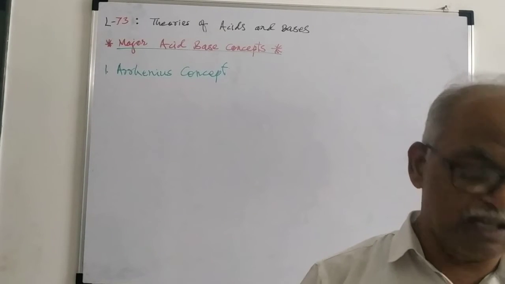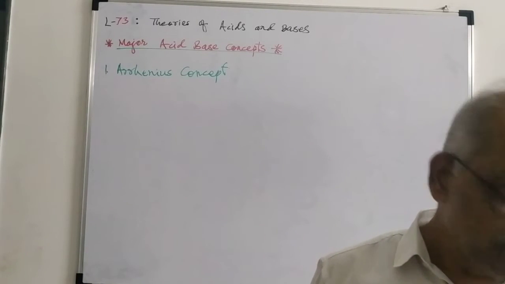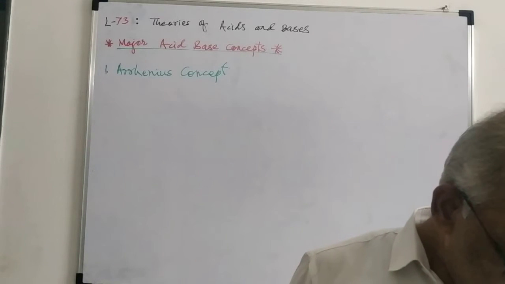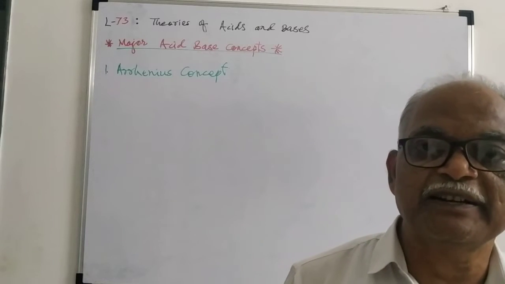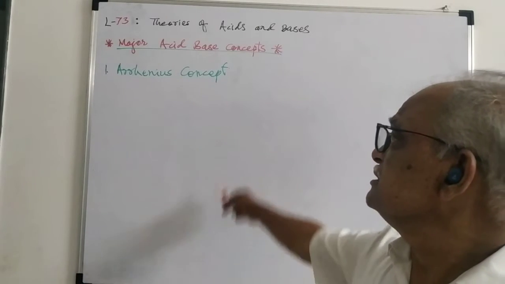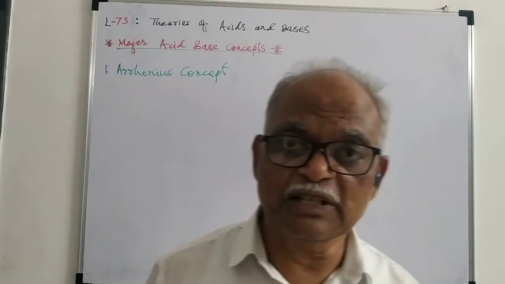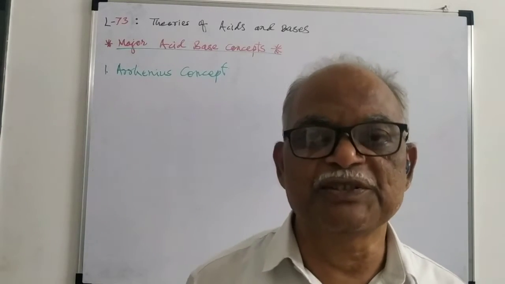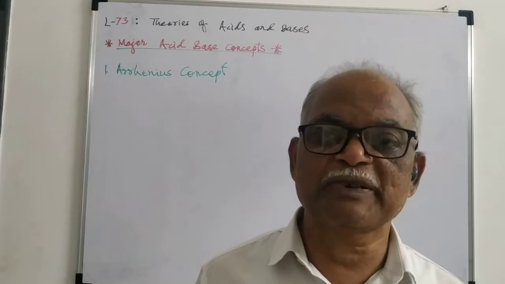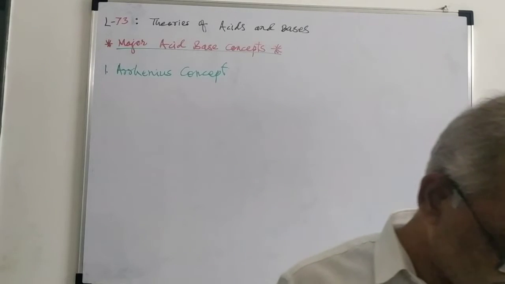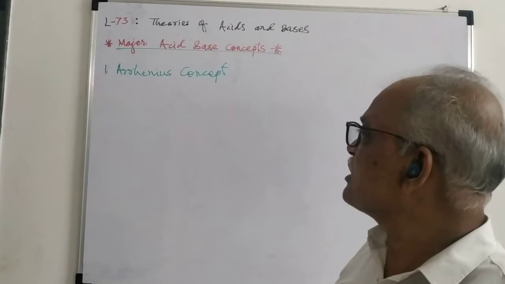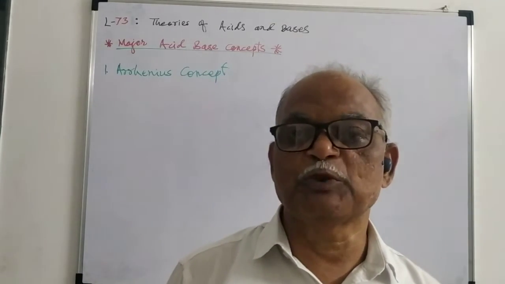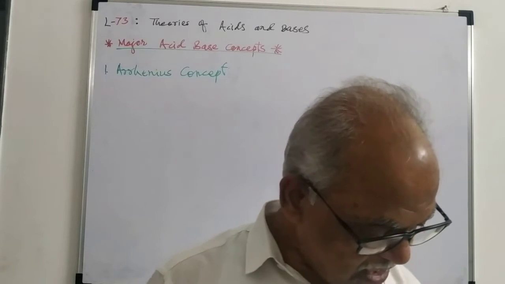But the study was carried out in the years before that, between 1880 and 1890. The theory was also related to his PhD work, and because of its importance, he was awarded the Nobel Prize in Chemistry in 1903. So this was a very important award for Arrhenius for his proposal of this concept.